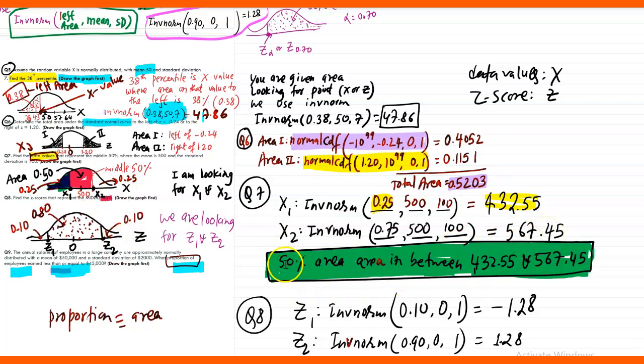In other words, 50% area lies in between these two numbers. That's how you find the values of x1 and x2.